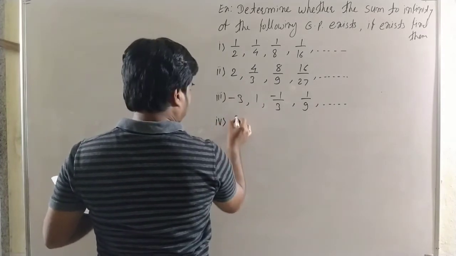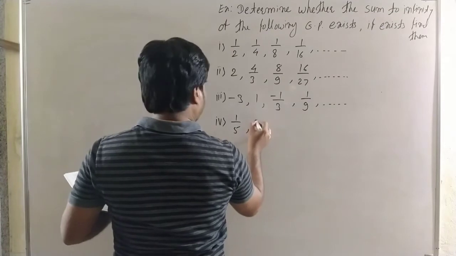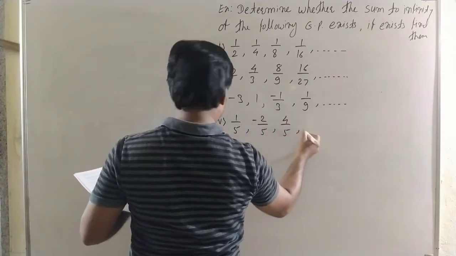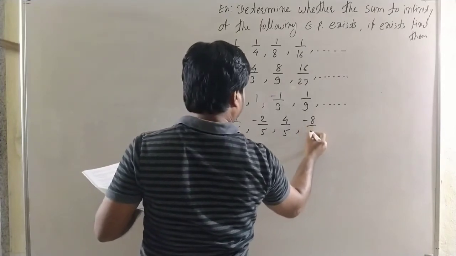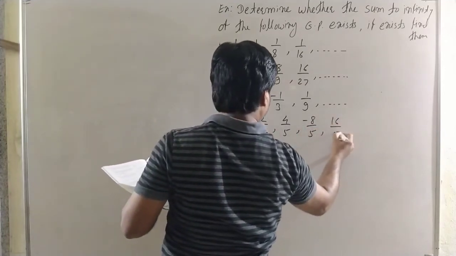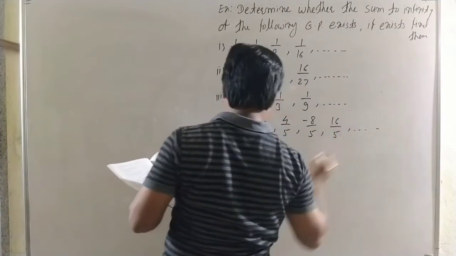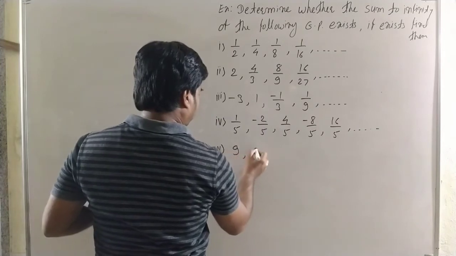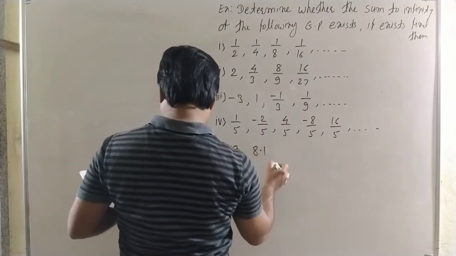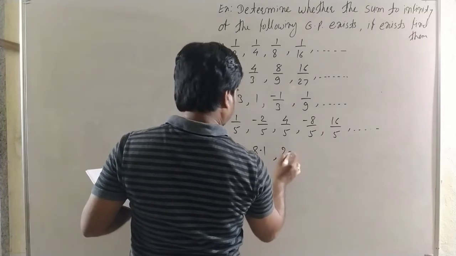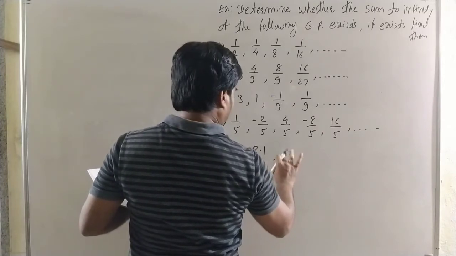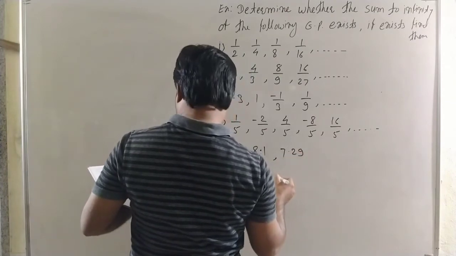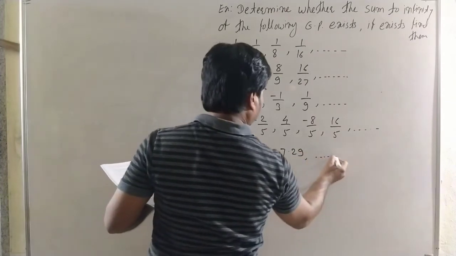Example number 4: 1 by 5, minus 2 by 5, 4 by 5, minus 8 by 5, 16 by 5, up to that. And the last: 9, 8.1, 0.81, 7.29, up to dash dash.